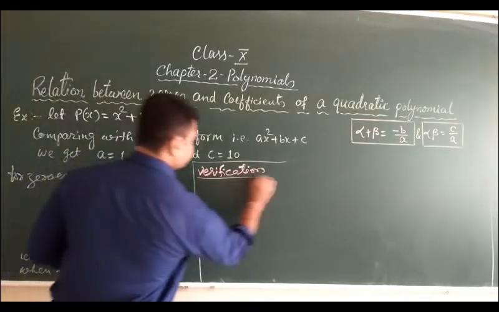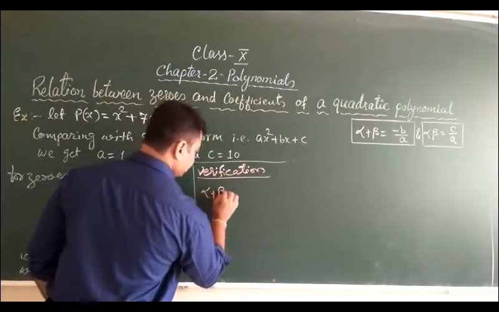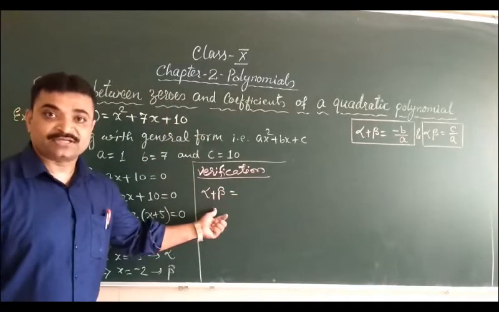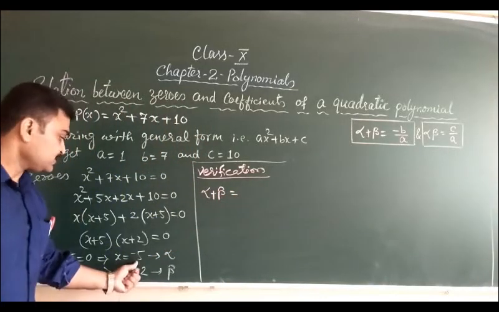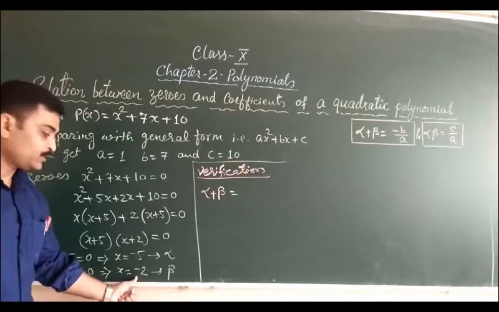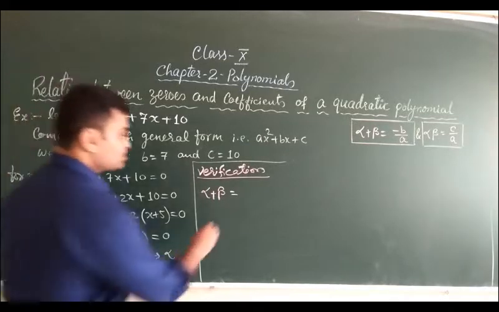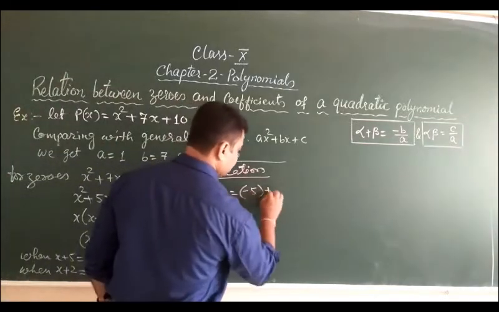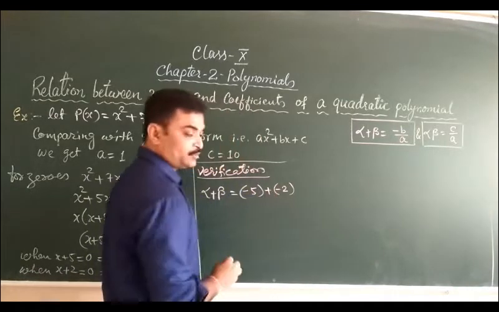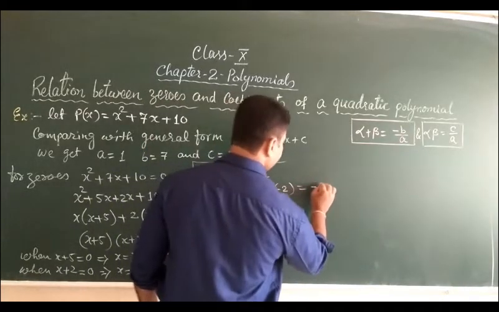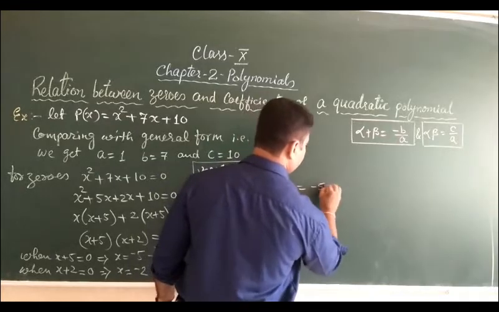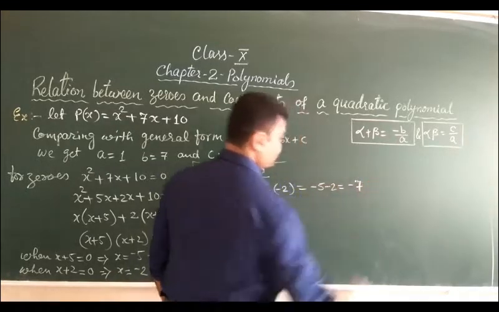Verification. Alpha plus beta, that is sum of the zeros. Here alpha is minus 5 and beta is minus 2. So minus 5 plus minus 2 is equal to minus 5 minus 2, that is minus 7.